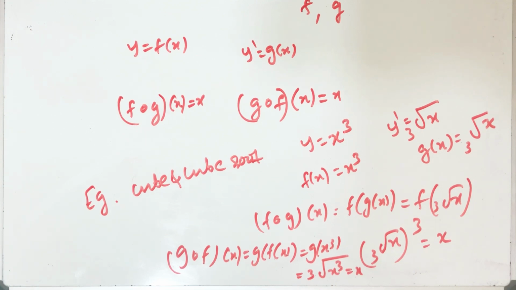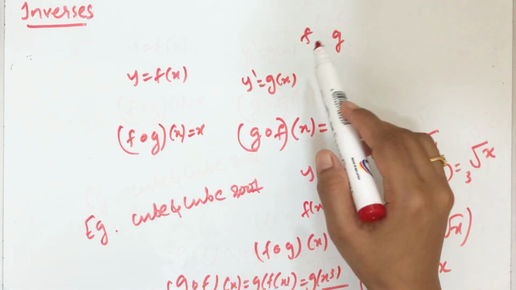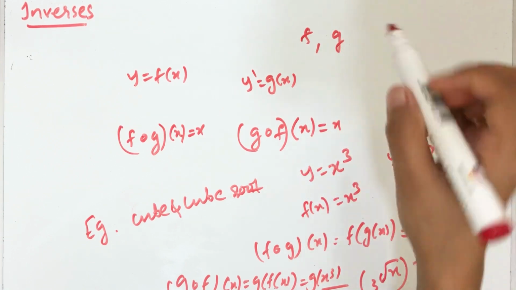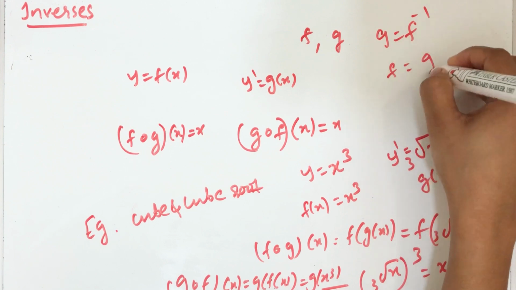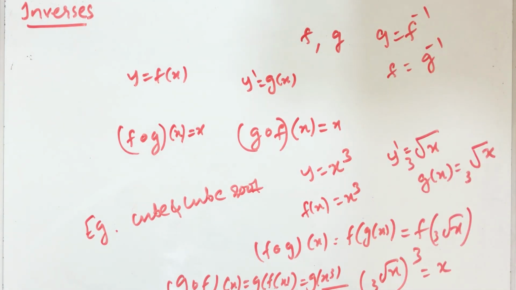So we can say functions f and g are an inverse pair if and only if f of g of x is equal to x and g of f of x is equal to x. In this case, g equal to f inverse and f equal to g inverse. If two functions satisfy this condition, then they are inverses of one another.